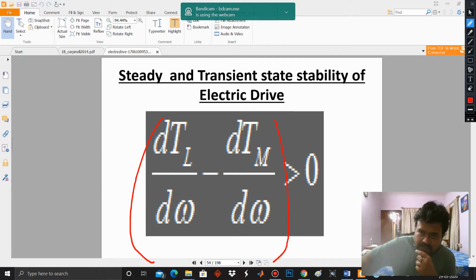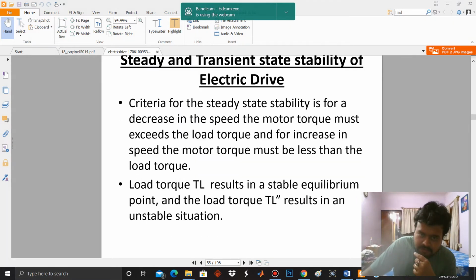So this is the condition of the stability in the system. So what does it imply? This is very important.